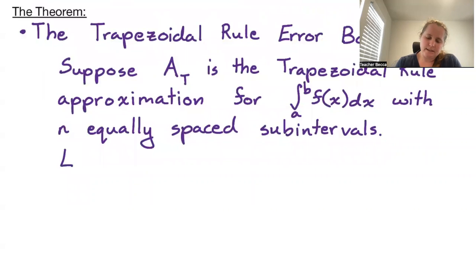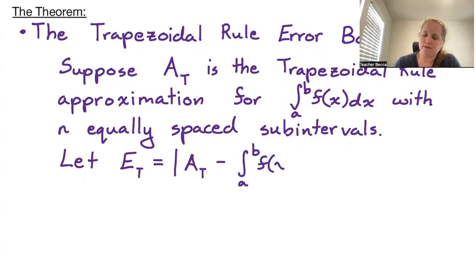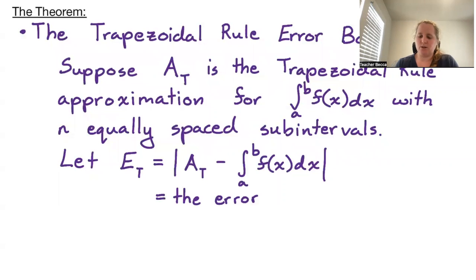Let E sub t be the absolute value of A sub t minus the definite integral from a to b of f of x dx. So this is the error in the approximation.